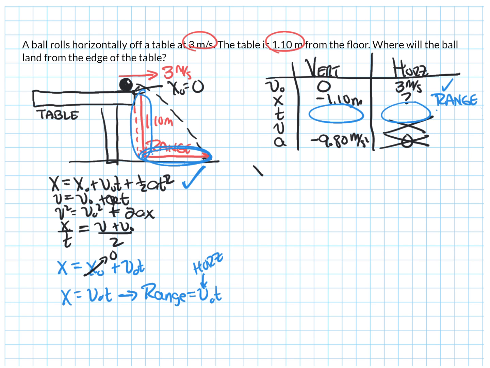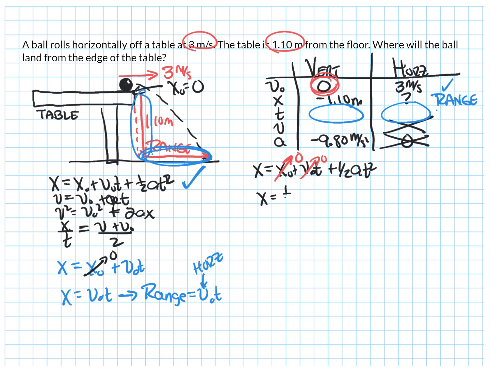So that's going to be x equals x naught plus v naught t plus 1/2 at squared. All right, a couple things. First off, where I start is always going to be 0, so that's going to go away, and that's at the table. And the initial velocity vertically, oh, nice. That's 0 as well up here, so that's going to go away. That's going to make my equation nice and short.